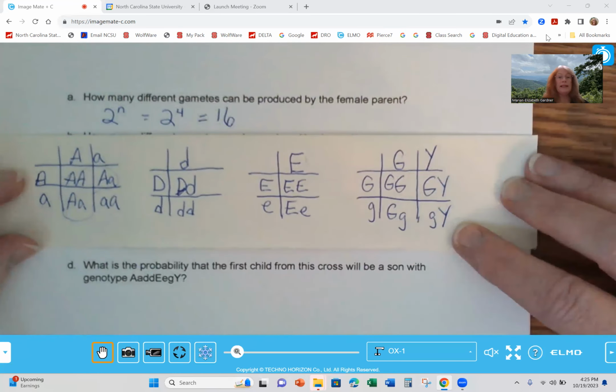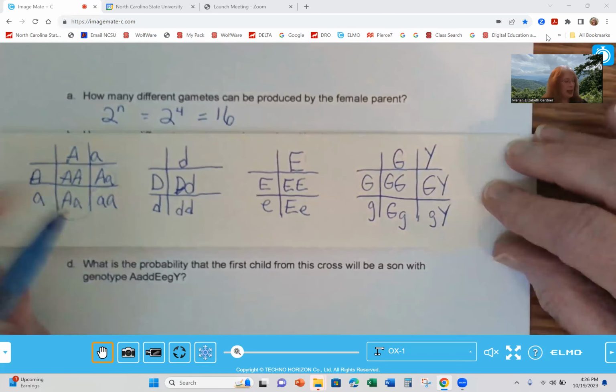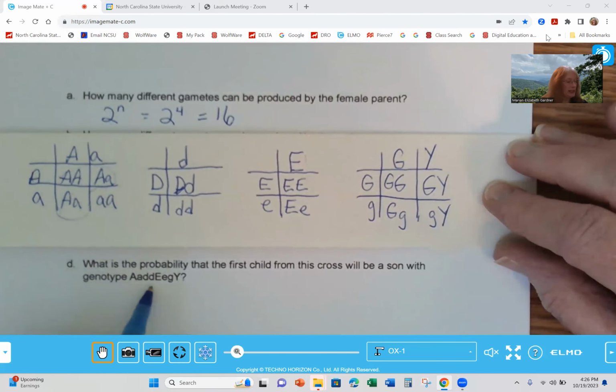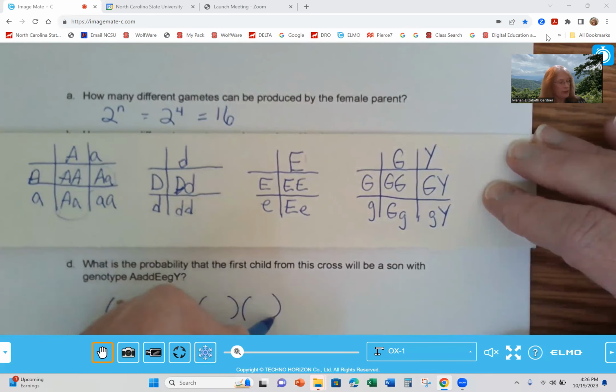What's the probability that the first child from this cross will be a son with genotype big A little a, 2 little d's, big E, little g, Y? Again, we will be multiplying the probability of what we want at each of those 4 loci together.